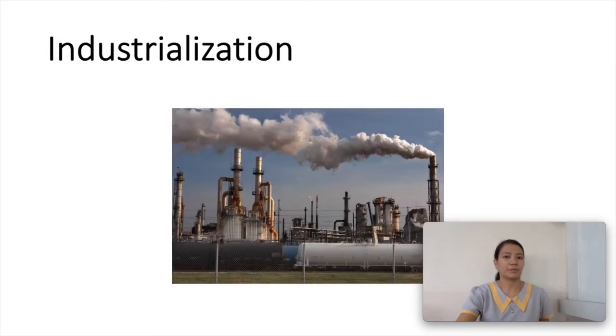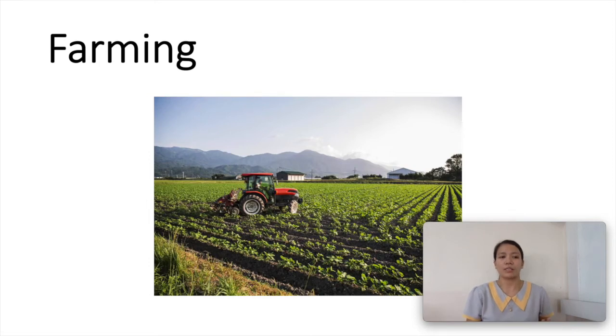And next, what are the human activities that can change the Earth's surface? First is industrialization. When you say industrialization, it talks about the factories, power plants, and the houses for people and for businesses. Next is farming.